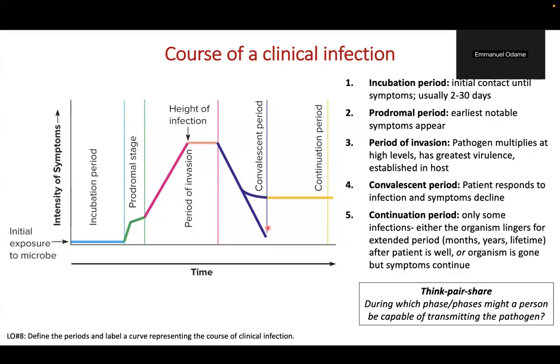If you are lucky, the symptoms decline because your host cells have been taken care of, or you took drugs and you've been able to overcome the disease. If you are not lucky, then I guess it leads to your death. And then the fifth one is the continuation period, where only in some infections, as I was describing, you have some of the microbes lingering around and causing subsequent infection.